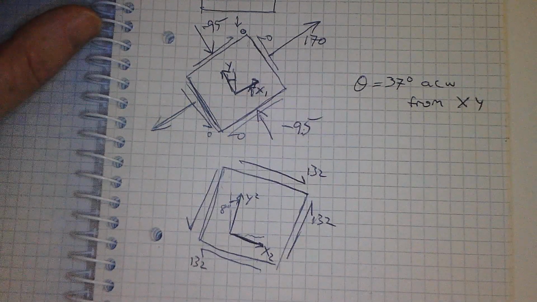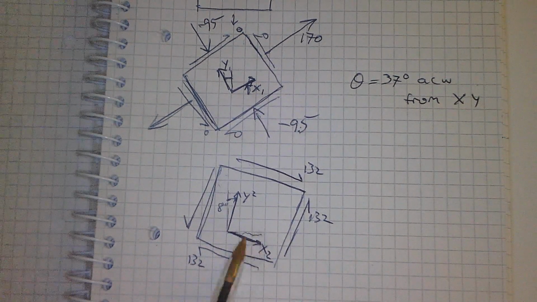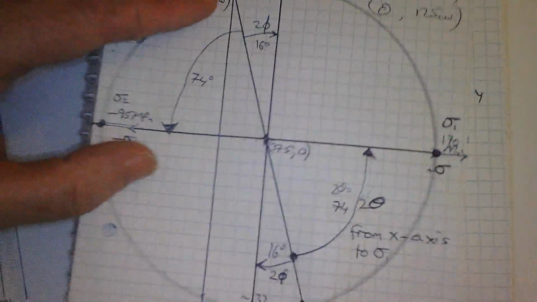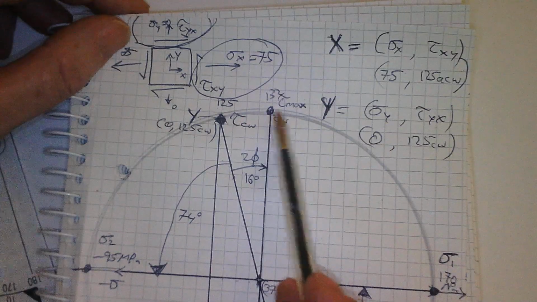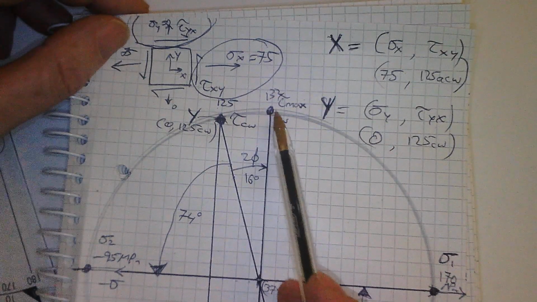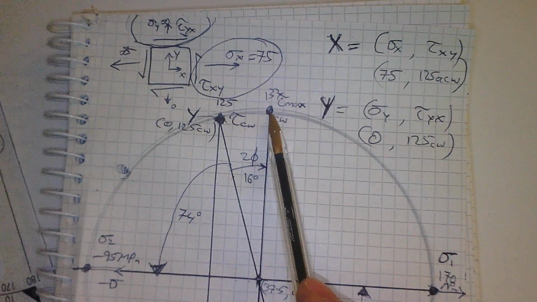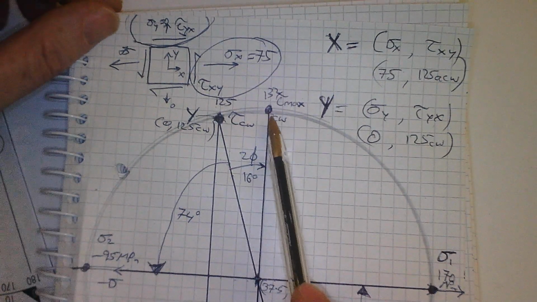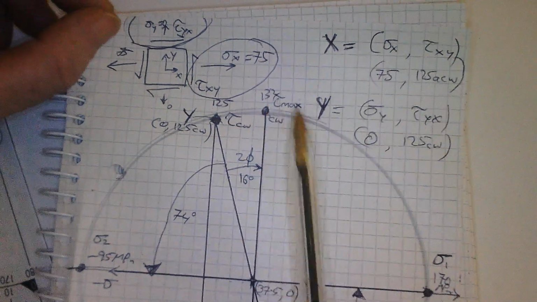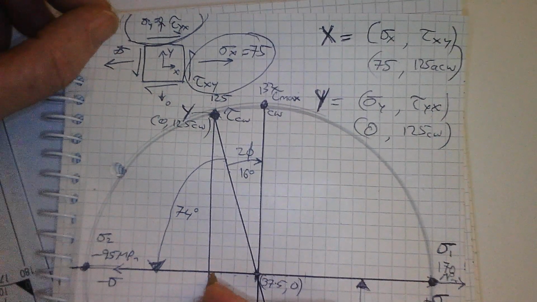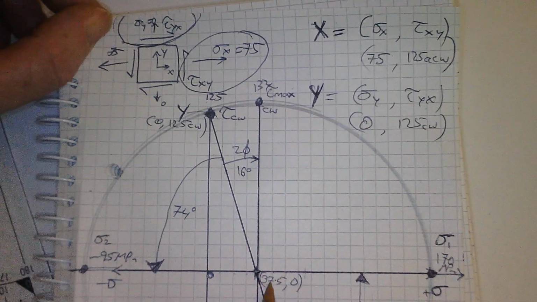What about the normal stresses in this orientation? If we go back and look at Mohr's circle again, say here on our maximum shear stress at the top of the circle, that's our new tau y2x2. What's the normal stress at this point? Not quite zero, so this is zero over here. It's 37.5.